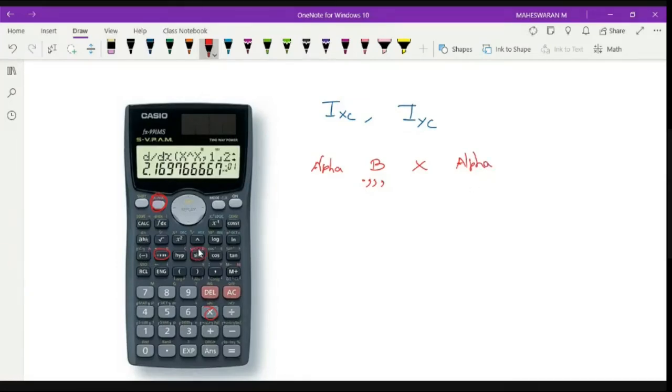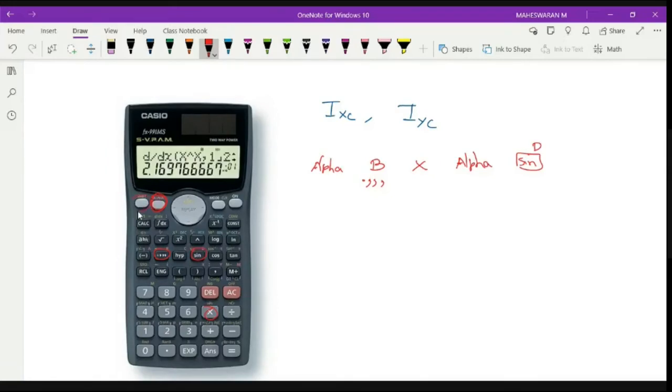Now this D. D is nothing but the sine key here; at the top you can see a D. So sine.